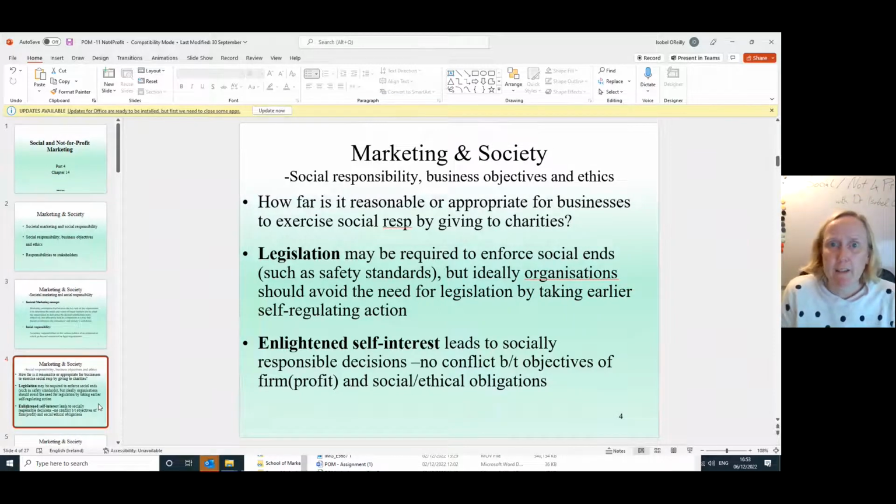Enlightened self-interest is that whole idea of it being good to be good. It leads to socially responsible decisions and the idea that there's no conflict between the objectives of the firm in terms of profit making and the social and ethical obligations that society might expect of them.